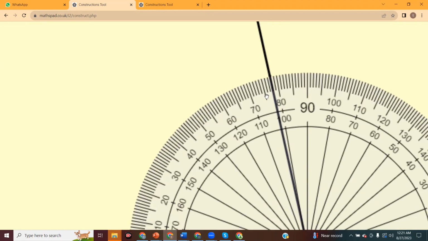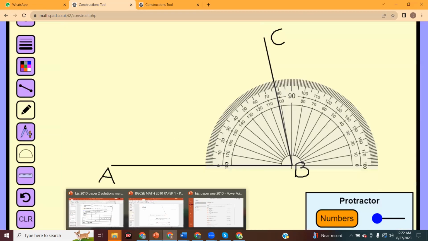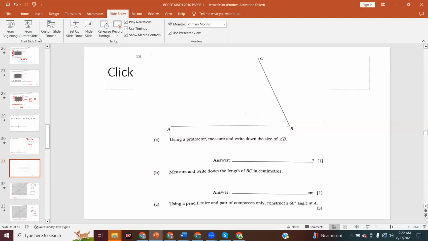This is 70. This is 75. This is 76. This is 77, and this is 78, because then we go 79 and 80. So this is 78. And so that means that the measure or the size of this angle is 78.